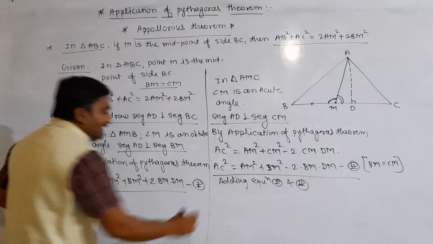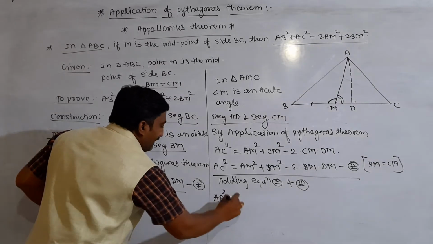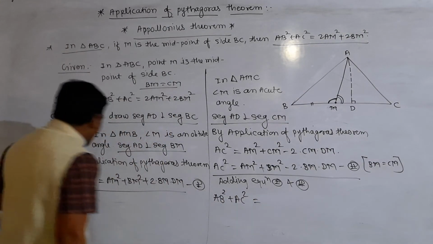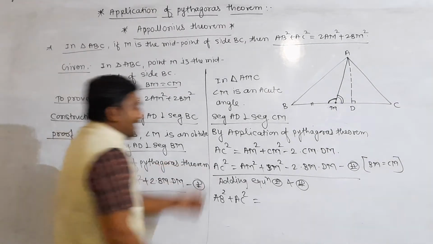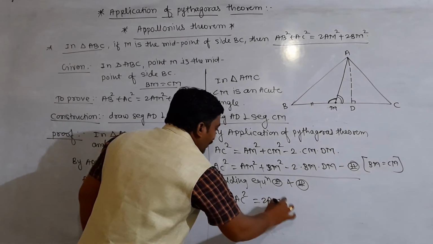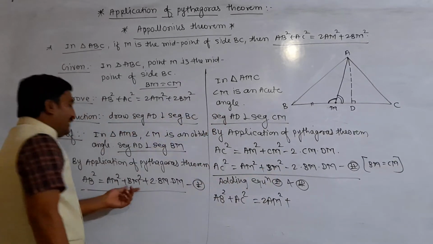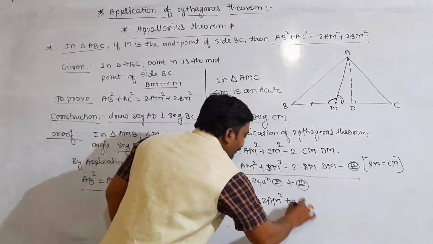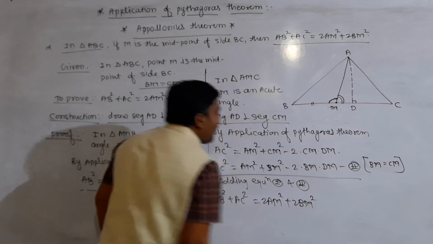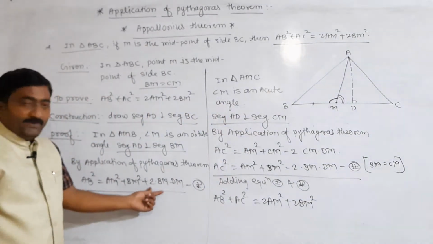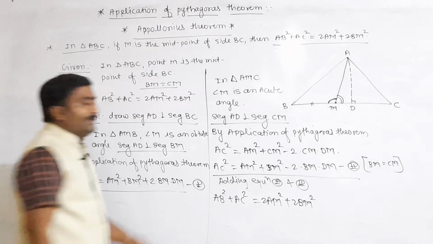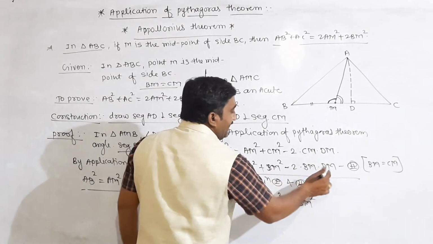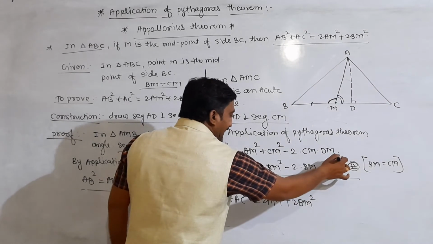Here on the left-hand side, AB square plus AC square is equal to AM square plus AM square, 2AM square, plus BM square plus BM square, 2BM square. Here plus 2BM into DM and here minus 2BM into DM, so this gets cancelled.